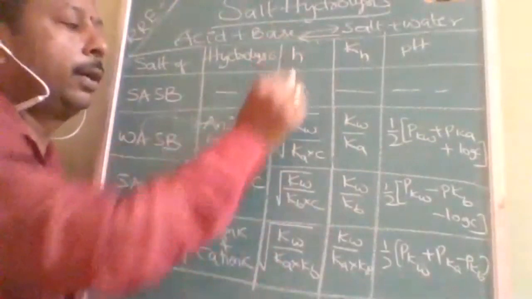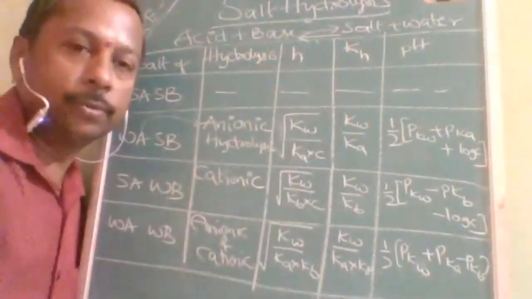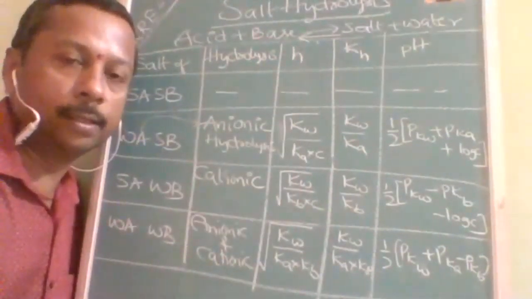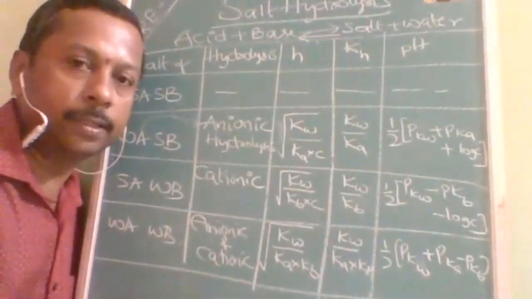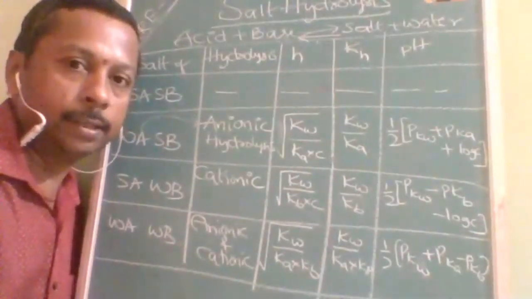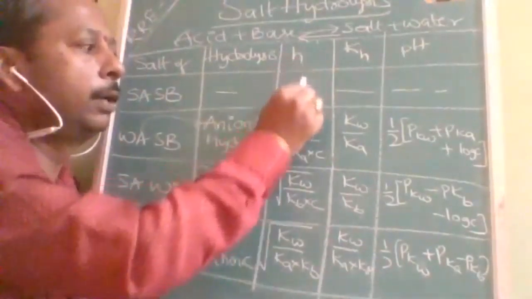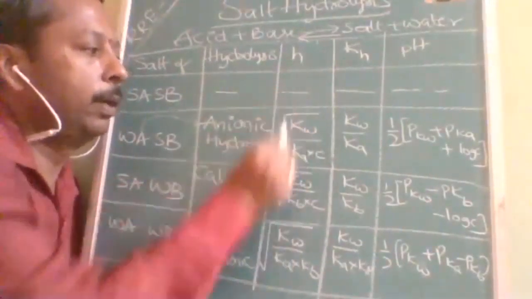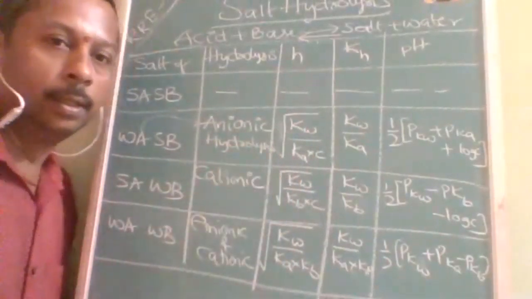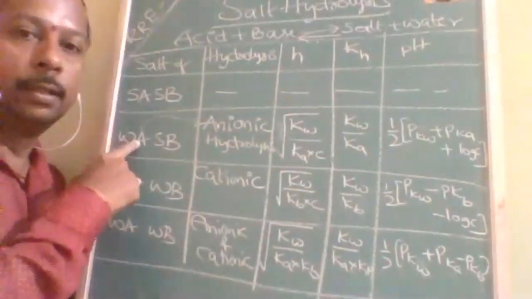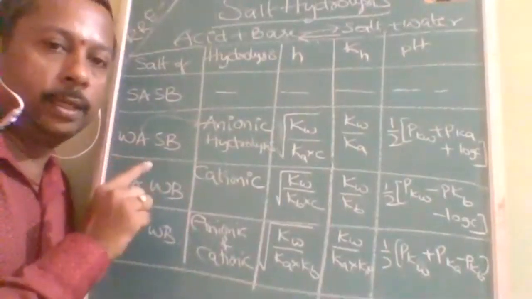Now coming to hydrolysis, like degree of dissociation, for a salt we talk about degree of hydrolysis. What is h here? Degree of hydrolysis. h is formulated like this: Kw, the ionic product of water. Here the acid is weak and the base is strong, so there is no Kb.